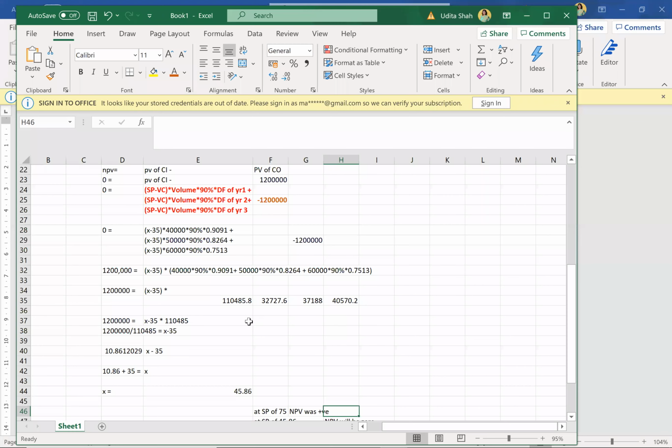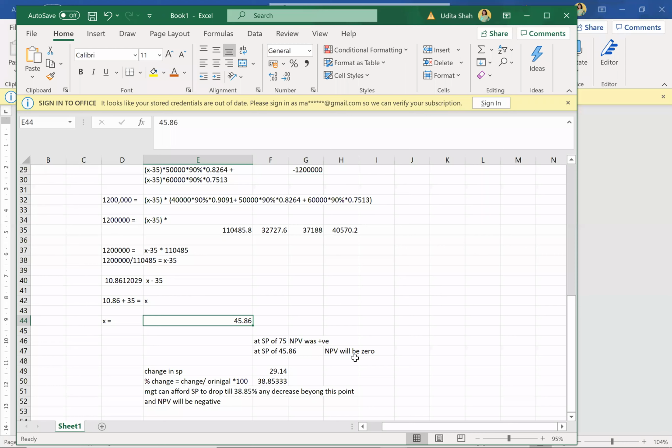Okay, so X is what? X is 45.86. So at the previous selling price of 75, NPV was positive. And if the selling price is 45.86, NPV is 0. So how much is the change in selling price? Change in selling price will be 75 minus 45.86. That is 29.14. But I just don't want change in selling price. I want percentage change. So how did I do percentage change? Change upon original into 100.